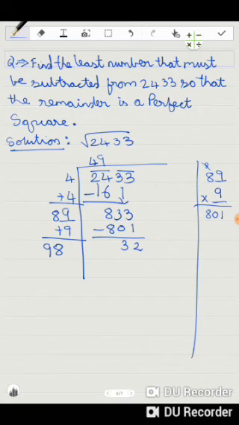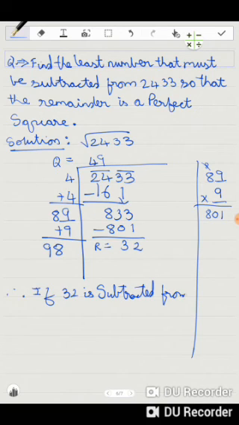Correct? So I will say, therefore, this is my quotient, this is my remainder. If 32 is subtracted from 2433, the remainder will be a perfect square.